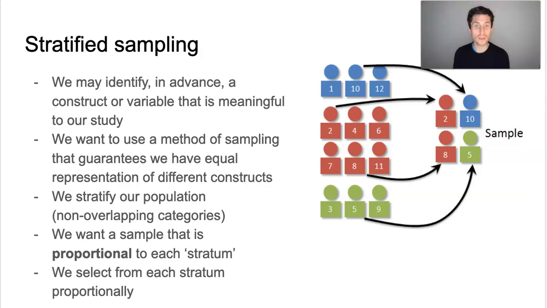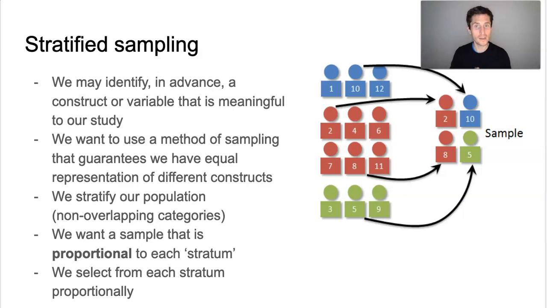And what we have then is a reduction of our population of 12 to 4. But now we have that in such a way that we've guaranteed that the sample includes people that are college educated, people that are not college educated, and people that are unknown, in proportion to what we know about the population.